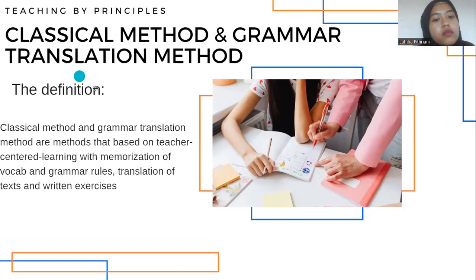Classical method is a method that is based on teacher-centered learning with memorization of vocab and grammar rules, translation of text, and written exercises. By the end of the 19th century, the classical method came to be known as grammar translation method. So classical method and grammar translation method are the same.